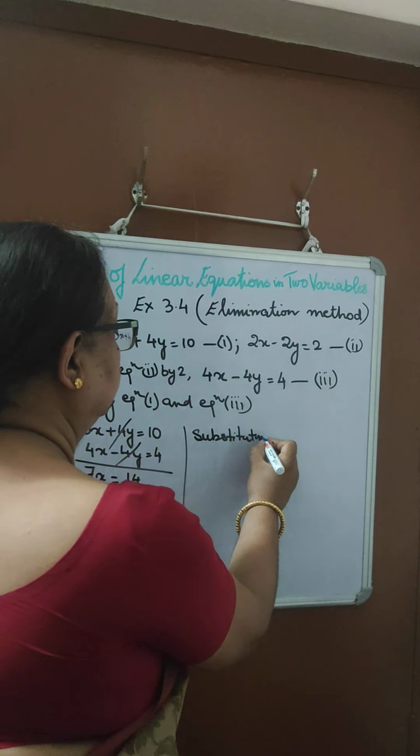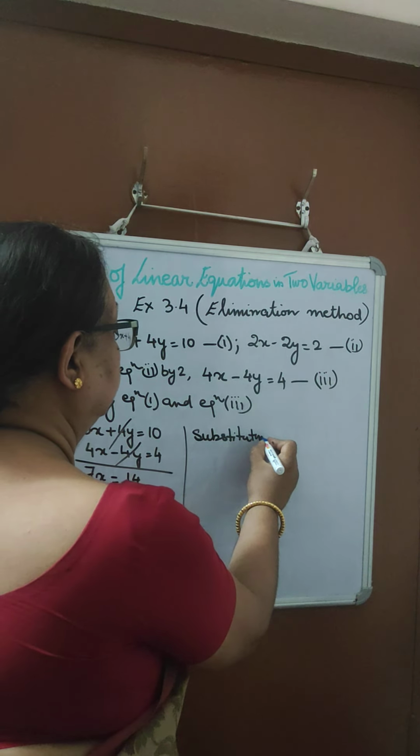So after this, substituting x equal to 2, suppose in equation 1. 3x, x is 2, plus 4y equal to 10, or 6 plus 4y equal to 10, or 4y is 10 minus 6, that is 4. 4y is equal to 4, so y equal to 4 by 4, that is equal to 1.